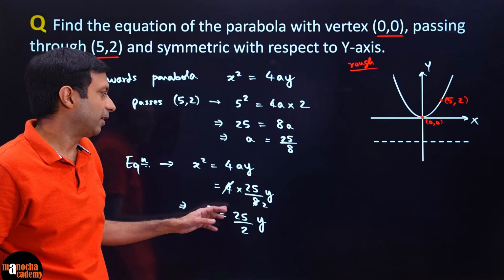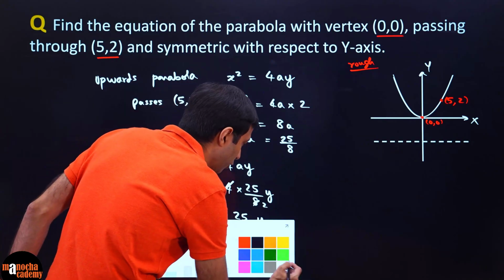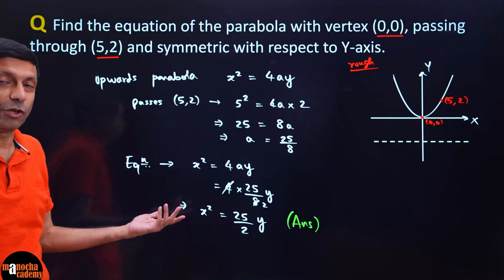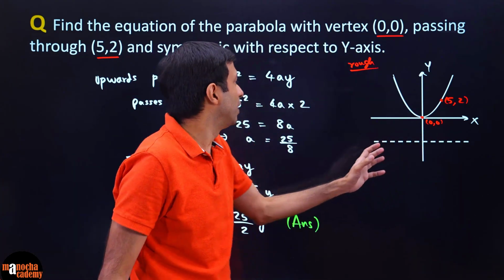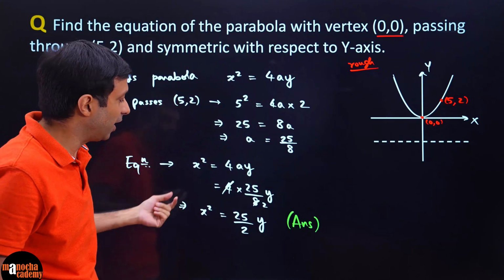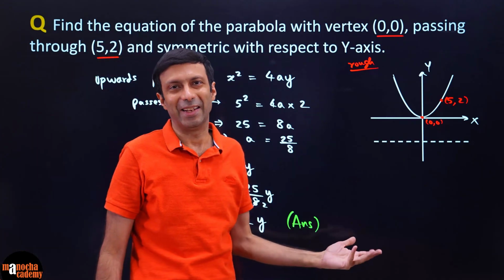This is the equation we are getting, right? x square equal to 25 by 2y. Please check the answer. Are you guys getting this? So this is how we do it. Draw a rough diagram, substitute the coordinates of the point, get the value of a, and our final answer is x square equal to 25 by 2y.